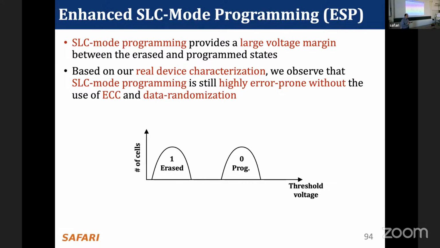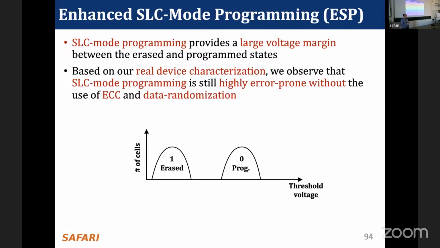We tested this and we programmed SLC in real NAND flash chips, but we didn't enable ECC and randomization, because in order to do computation inside the flash memory, you cannot really do ECC and randomization. Unfortunately, we observed that even SLC programming, which usually provides good reliability, has errors.